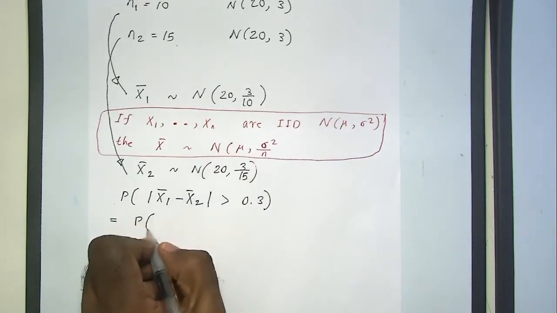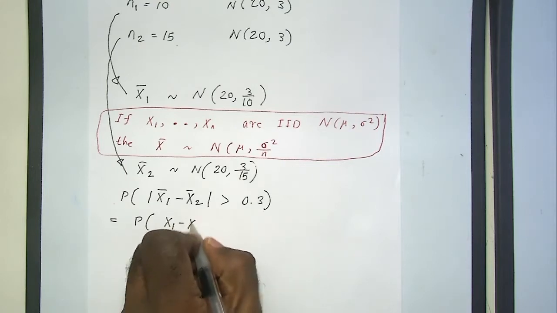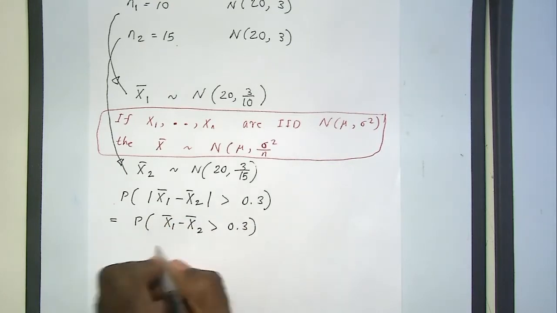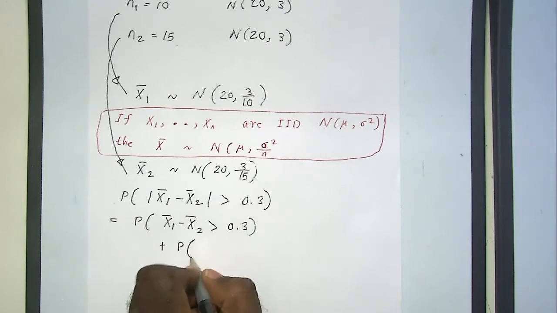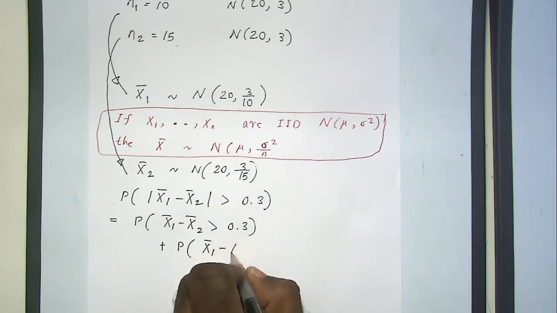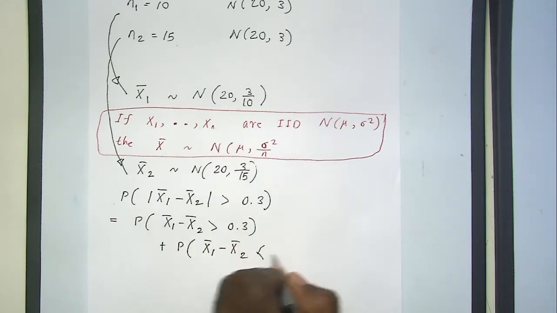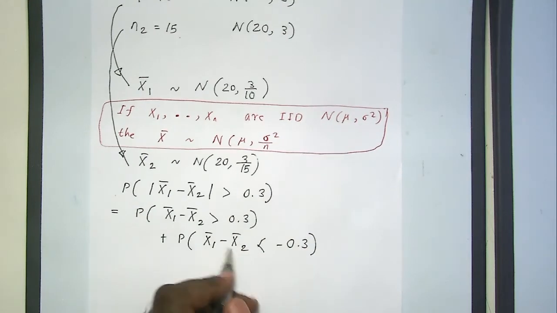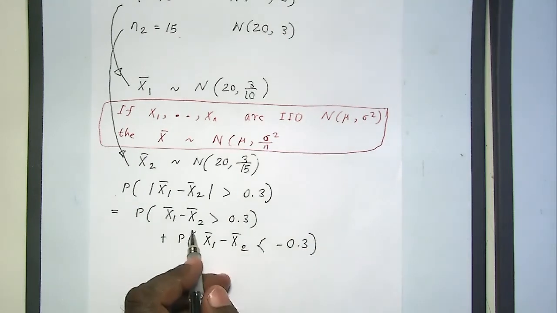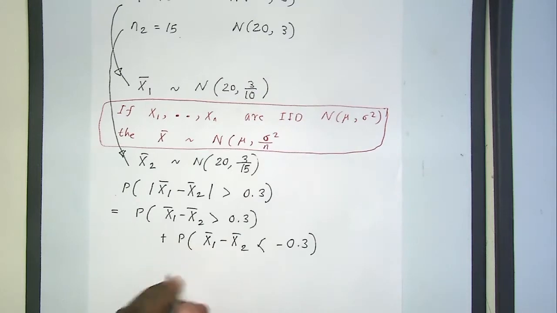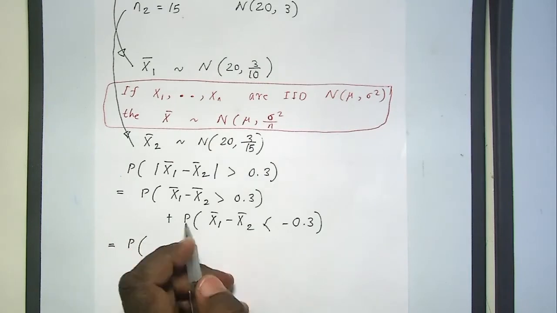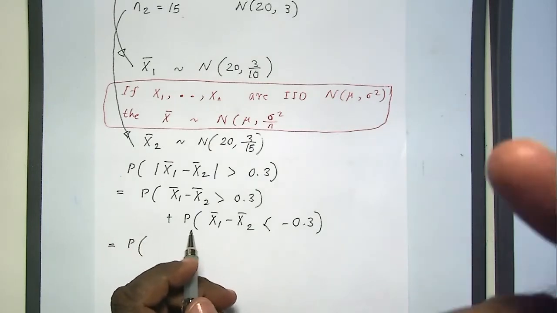Which we can write as the probability that... Now what you have here in both places is a difference of two independent normal variables, which by one of the properties I mentioned in class, when you have two independent normals, the difference is also normal.